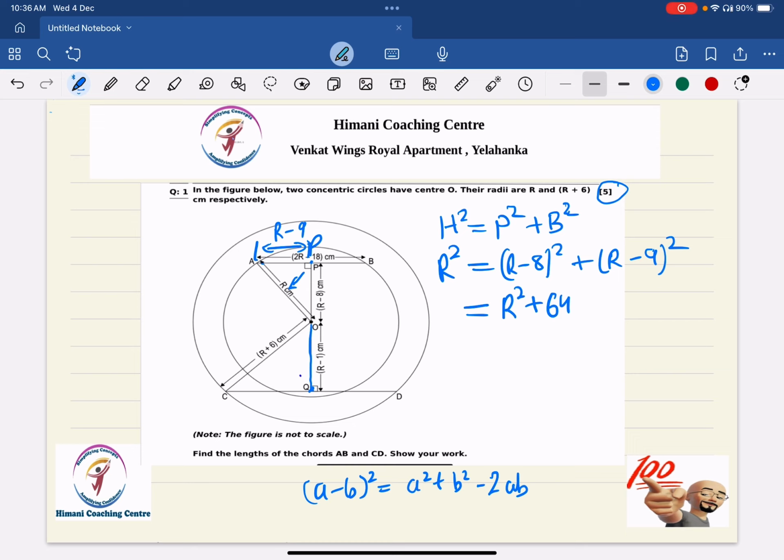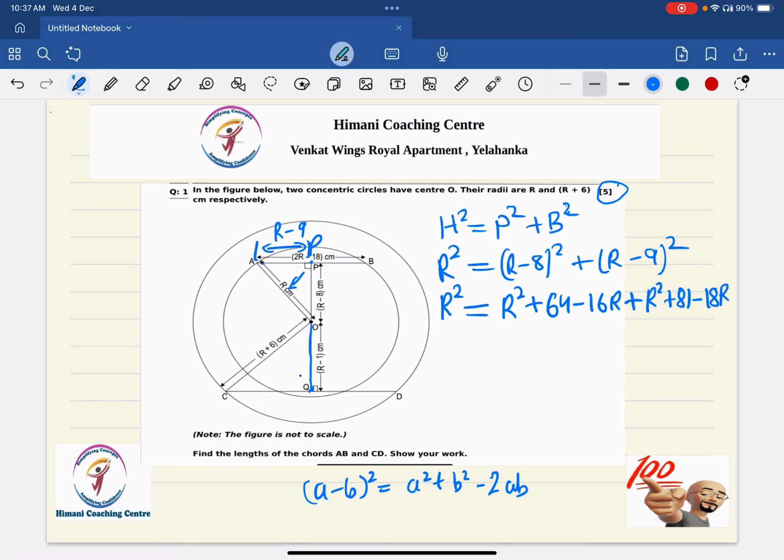Minus 2ab, minus 2 times r into 8 will give us minus 16r. Likewise, for solving r minus 9 whole square, we should get r square plus 81 minus 18r, and this is equal to r square.